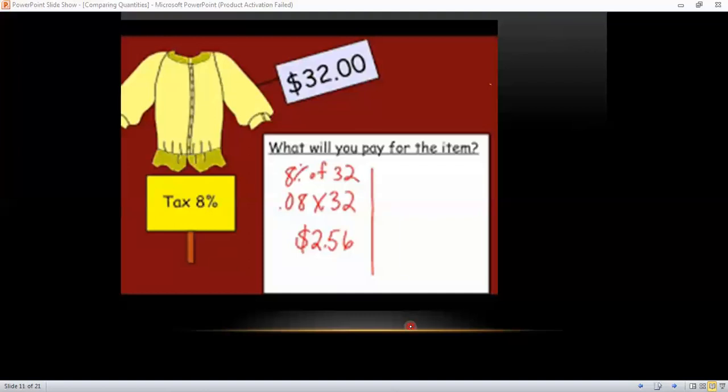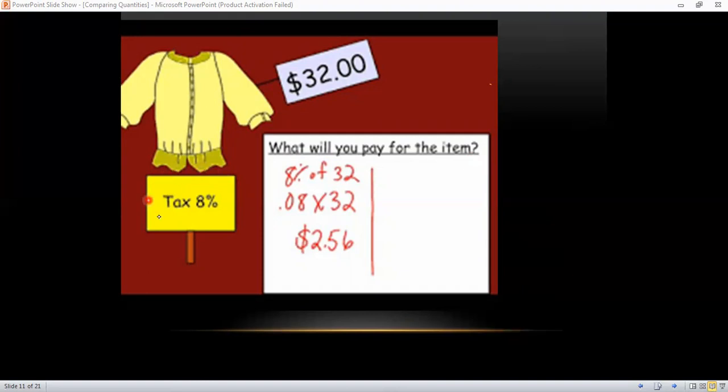So now what is the tax? Suppose the price of this dress is $32. So what will you pay for the item?